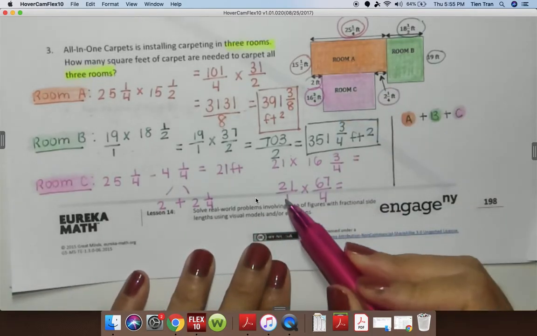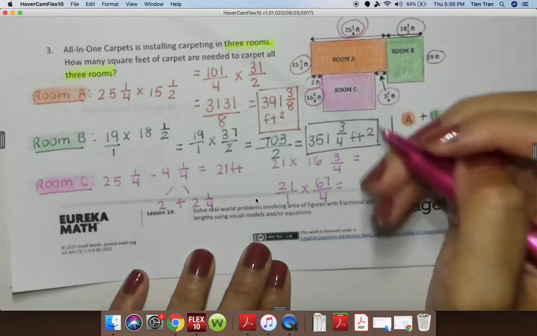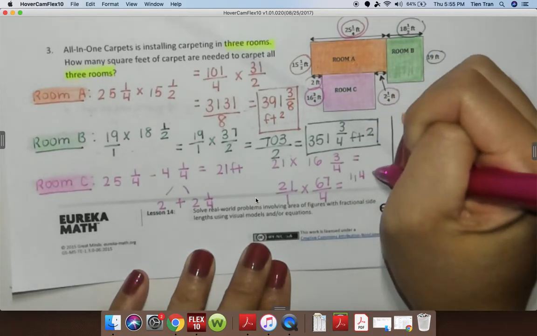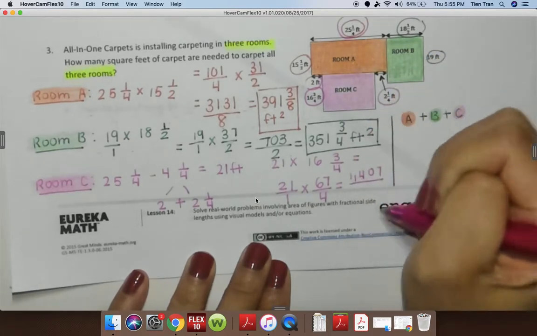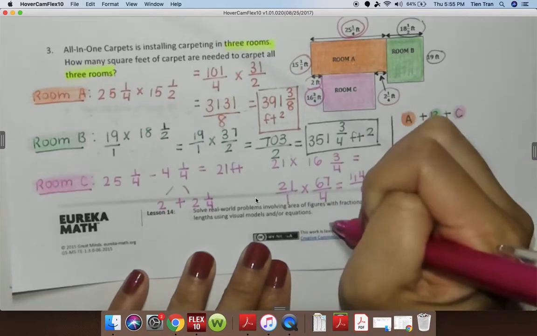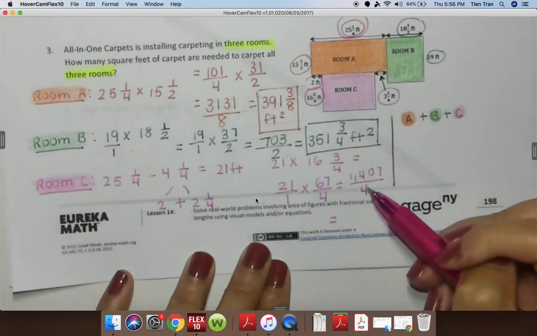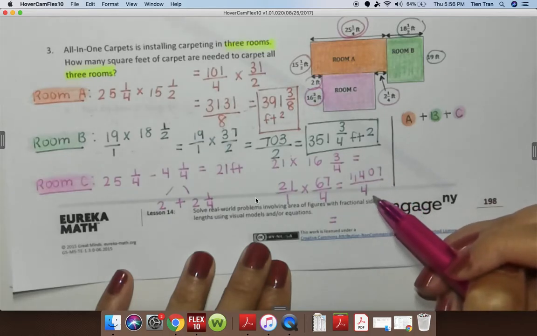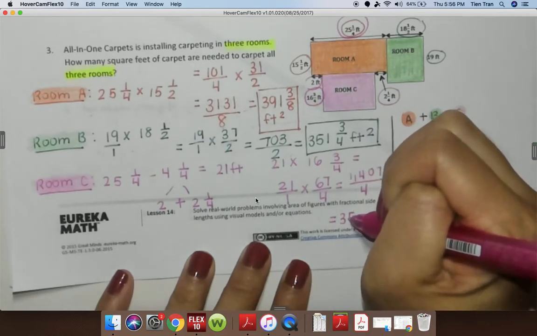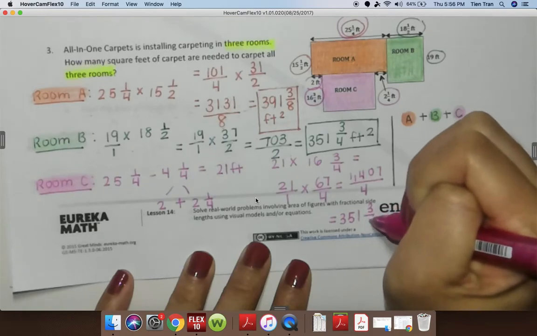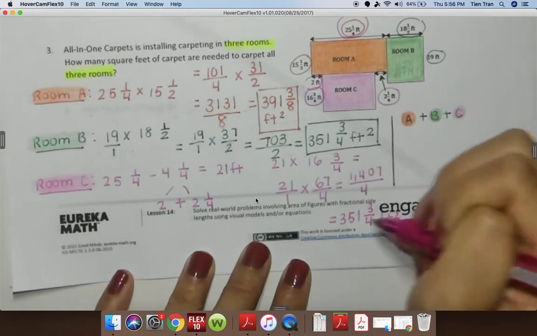So 21 times 67 is going to give me 1,407. And I'm going to divide that over 4. When I divide 1,407 divided by 4, I'm going to get 351 and 3/4 feet squared. I'm running out of room.